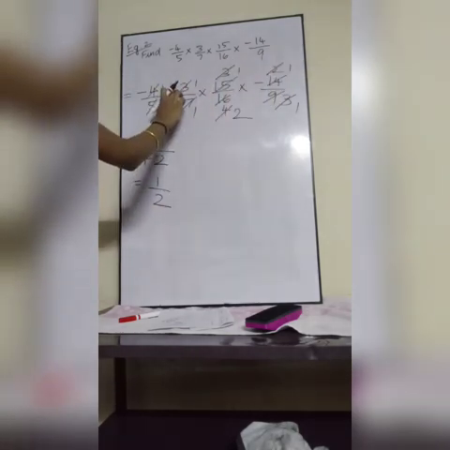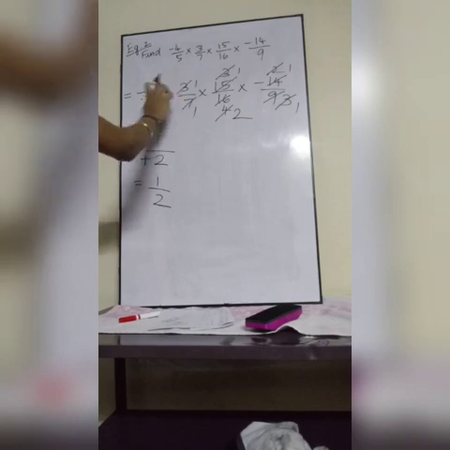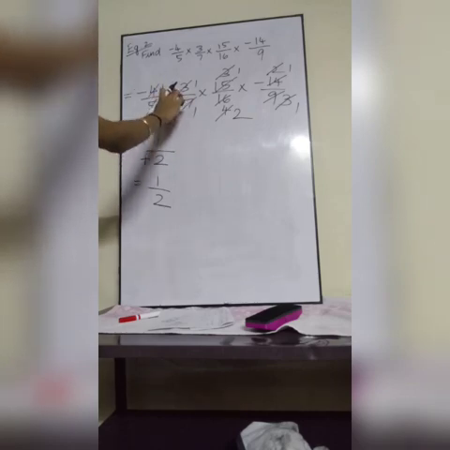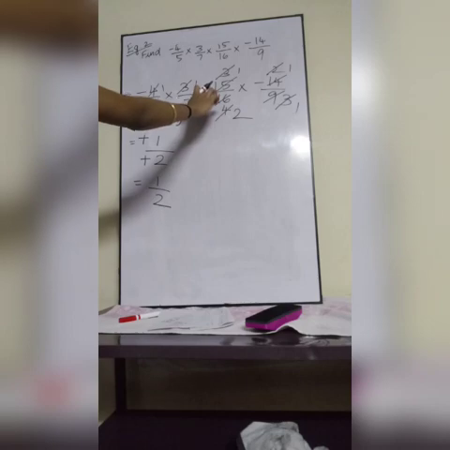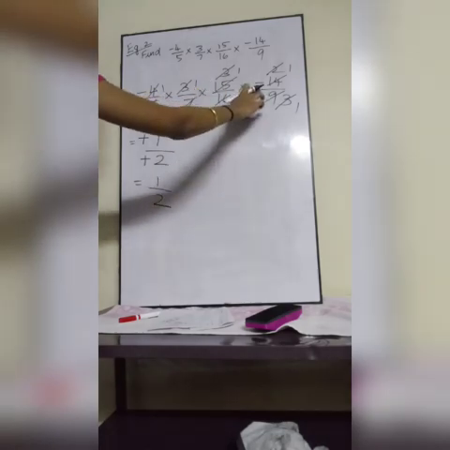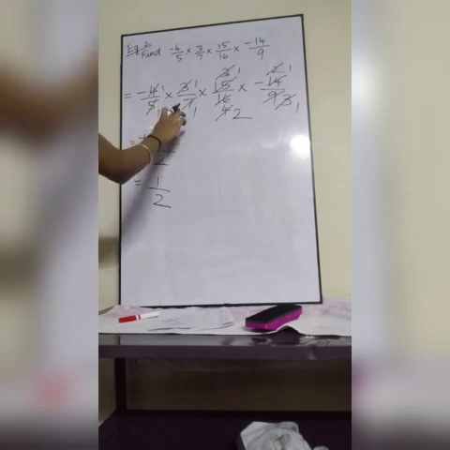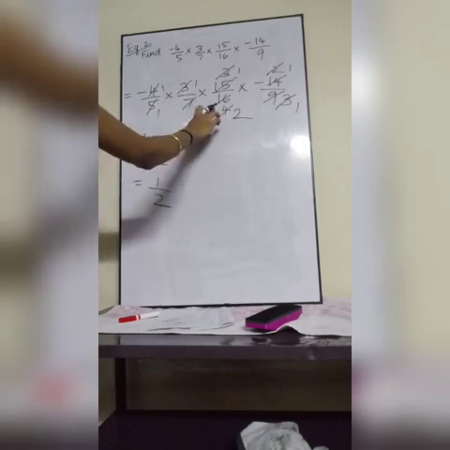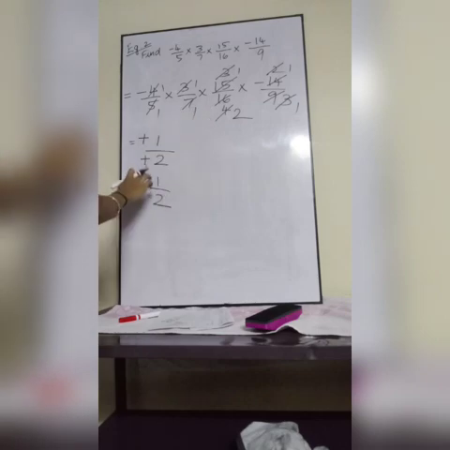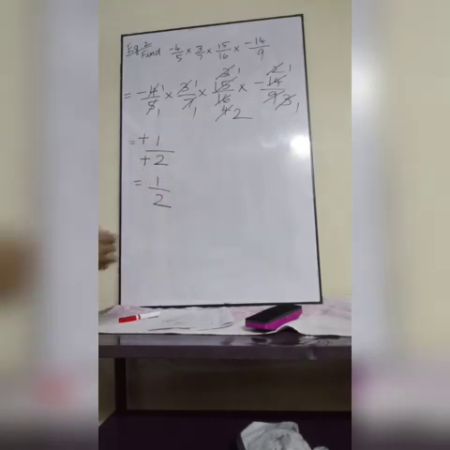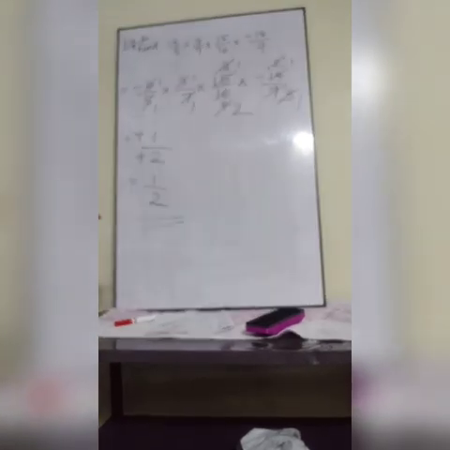Minus into plus is minus, minus into minus is plus, and plus into plus is plus. So 1 by 2 I am writing, as this is your answer for example number 2.